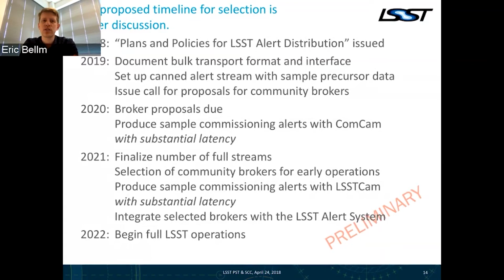Again, I think there's still enough uncertainty in terms of how many brokers we're able to support, and generally allowing the community to gain experience and prepare would tend to push towards a later selection. But I'm happy to take thoughts and suggestions here.